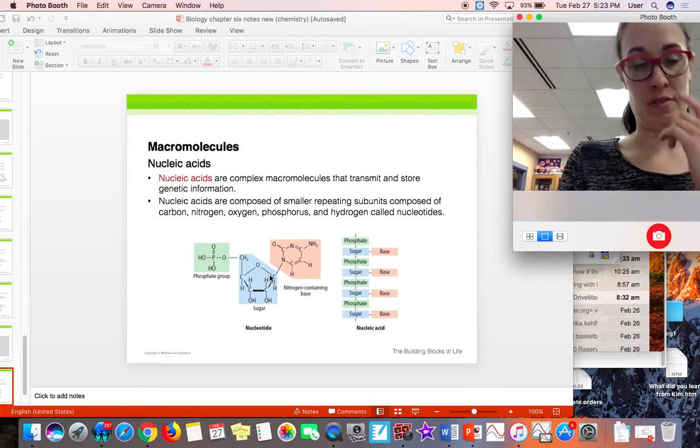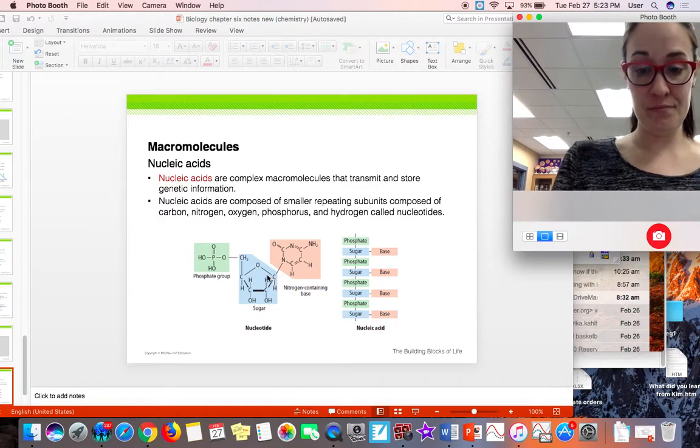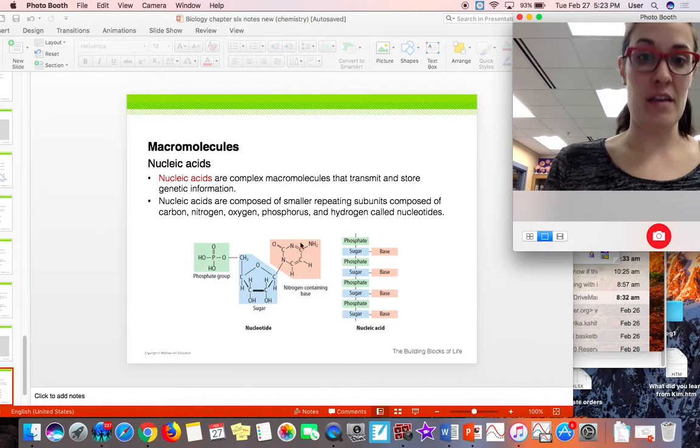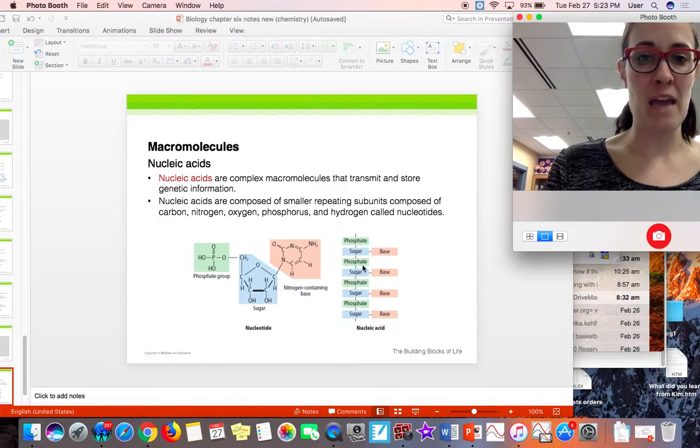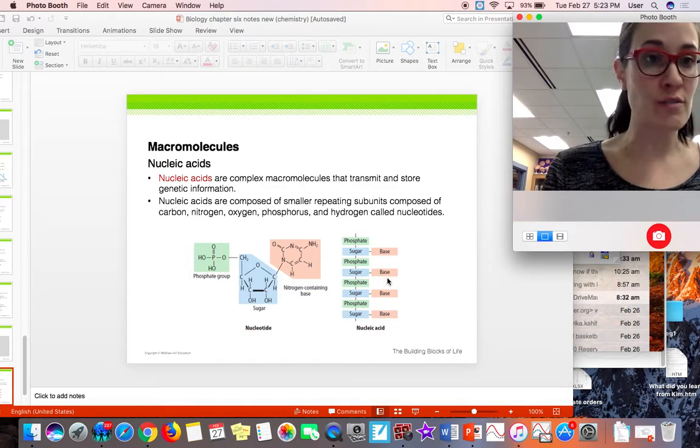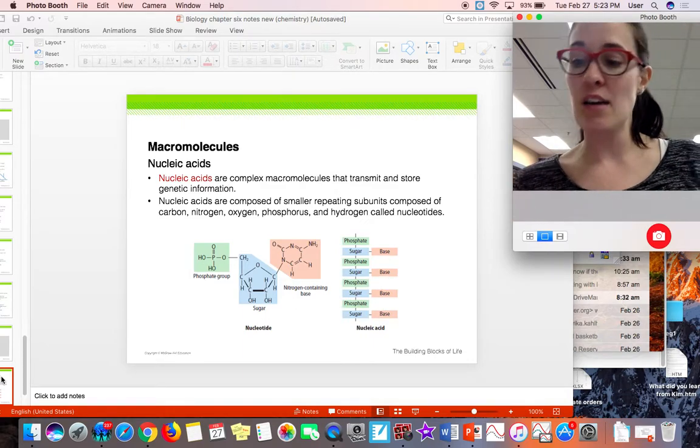Here is one nucleotide. Every nucleotide has a carbon pentagon with what's called a base and a phosphate group. So phosphate group, sugar, base. Phosphate group, sugar, base. These are 4 nucleotides stacked on each other to make a nucleic acid.